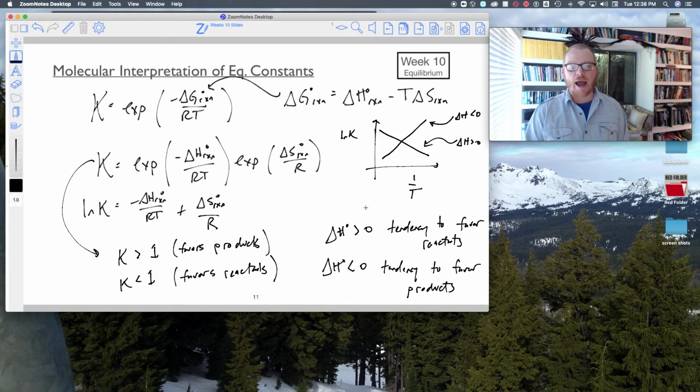And so what we should establish is that for all delta S of reaction greater than 0, in other words, for all spontaneous reactions, we will favor products, right? Because if a reaction is spontaneous, its delta S is greater than 0. That's the exponential of a positive term. The exponential of a positive term gives me something greater than 1. And when K is greater than 1, it favors products, okay?